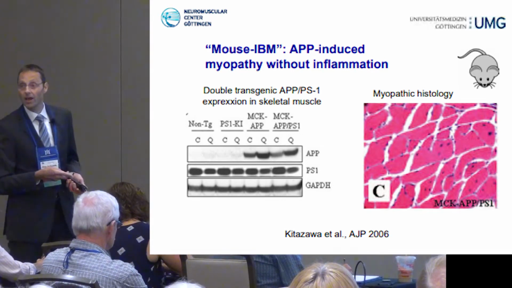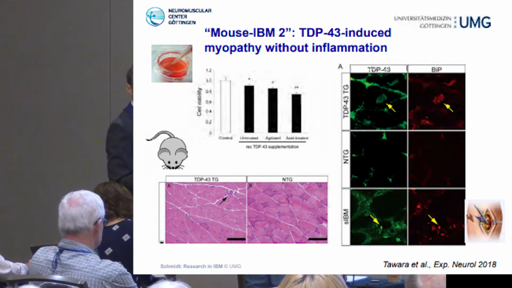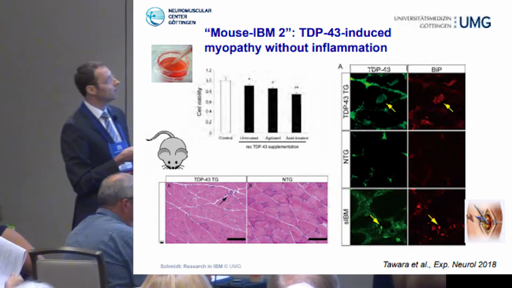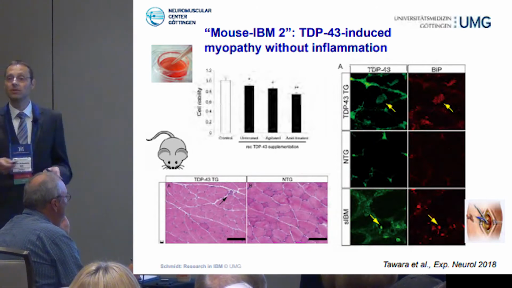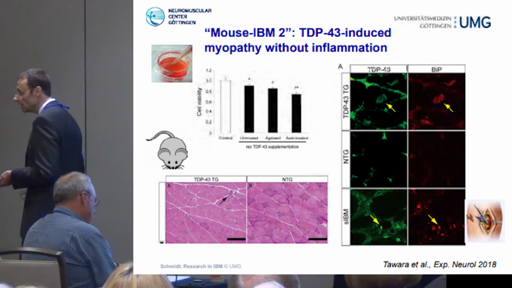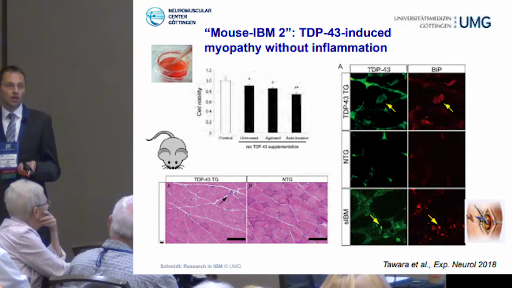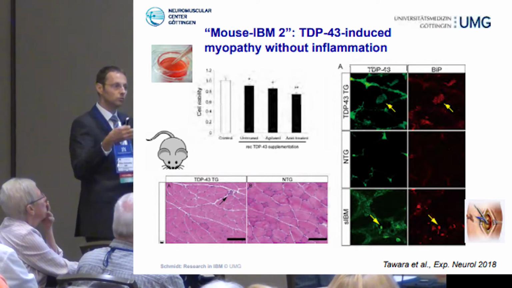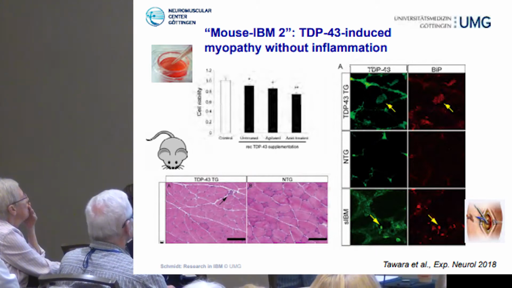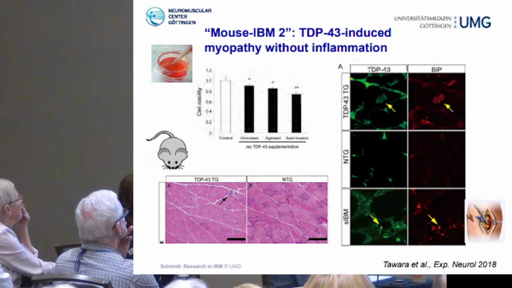Very recent, from last month, a similar publication with another molecule, TDP-43. This is another protein which is present in many neurodegenerative disorders in the brain and which has been found to be present in the skeletal muscle as well.